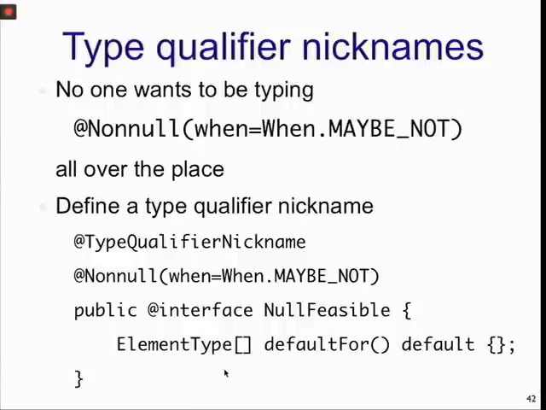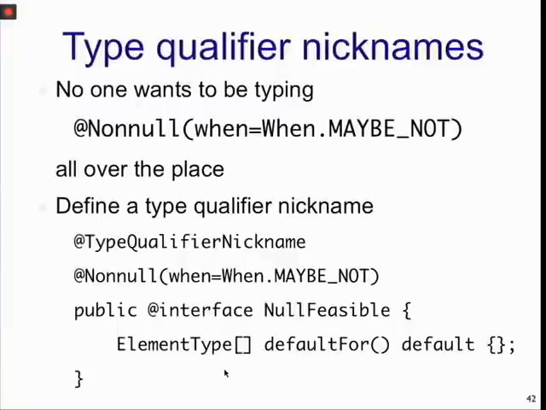And then anything that looks like a type qualifier, which is applied to the annotation, essentially means apply it to wherever you want. In this case, I've also provided here the default for, which allows me to use this as a default. So basically, this just gives you a shorthand. It's sort of like typedef, although whenever people hear typedef, they groan, right?